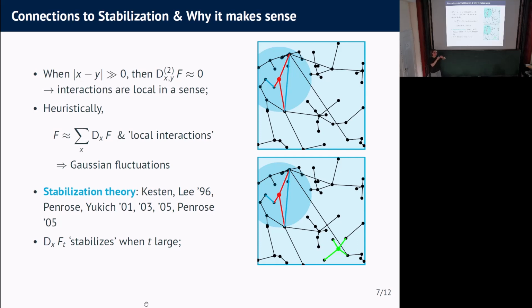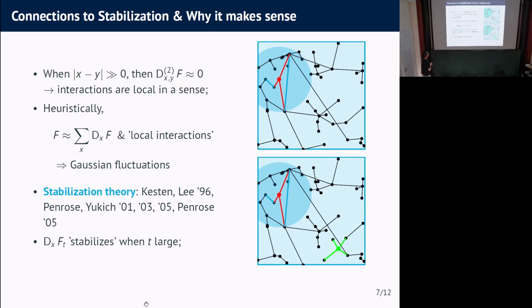But if you let your parameter t grow and you make your observation window larger, eventually the change induced by x is not going to depend on anything that happens around the border. So if you make your observation window larger and larger, essentially this portion of the graph is completely self-contained and doesn't care what goes on around it. And so it's going to stabilize as you go to infinity.